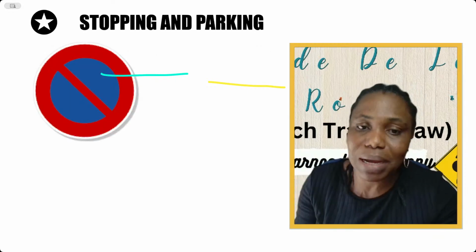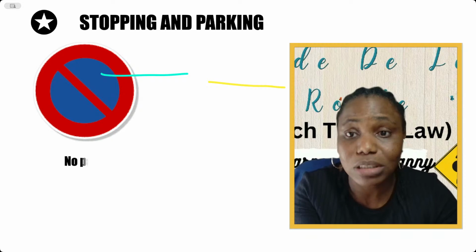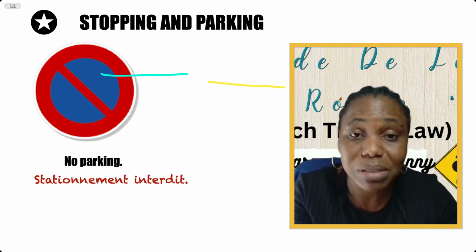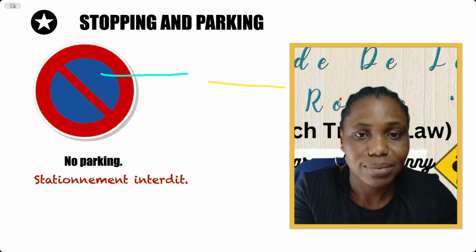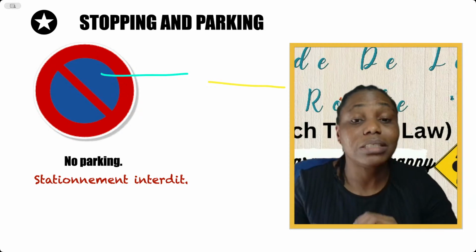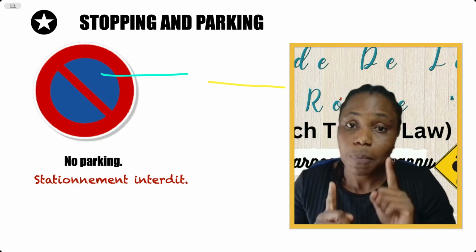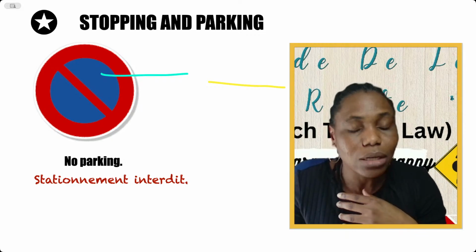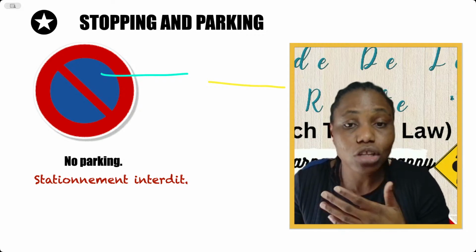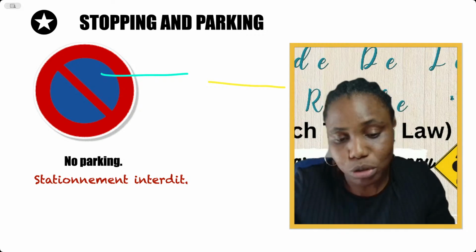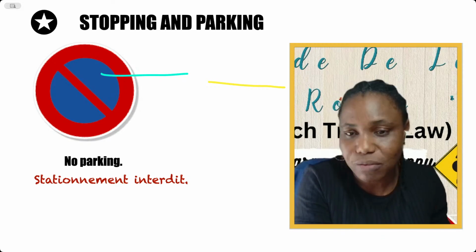And this is the panel that shows parking. If you see this panel, it means parking is not allowed. This sign prohibits parking, but you can stop. That's why I said by stopping you are close to your vehicle, or maybe you quickly want to drop something or a passenger wants to come down from your car.